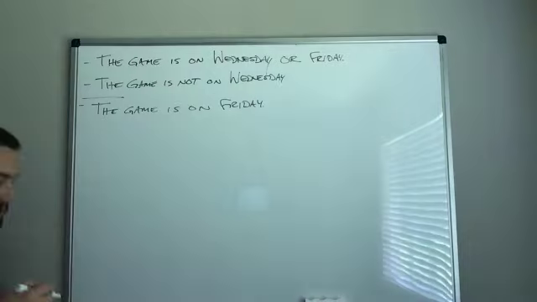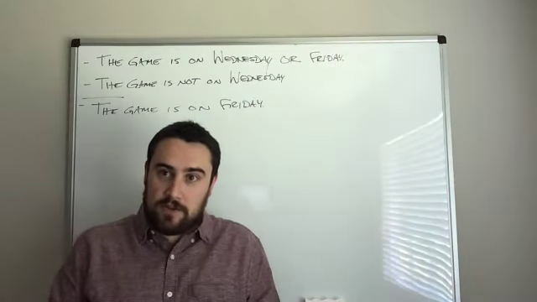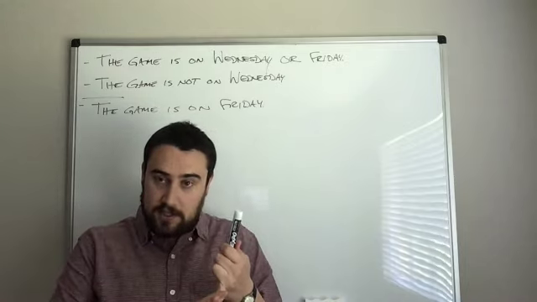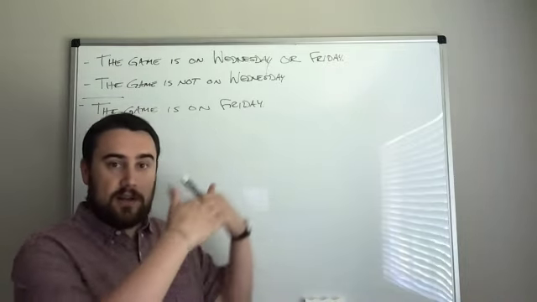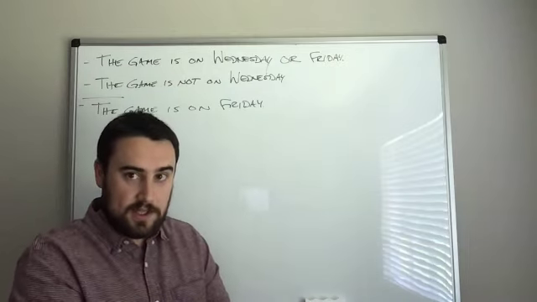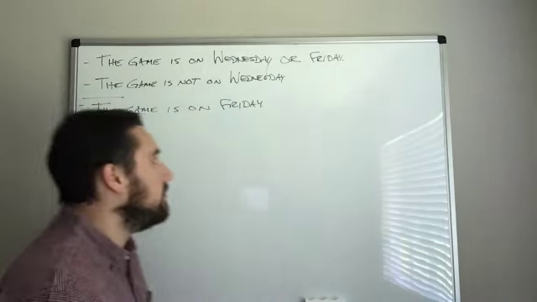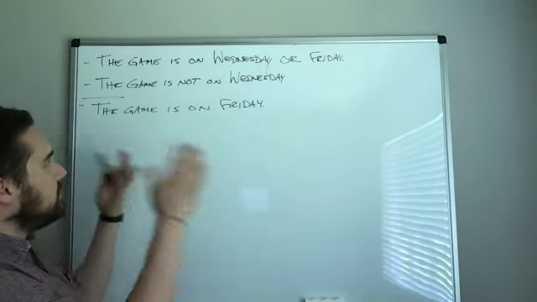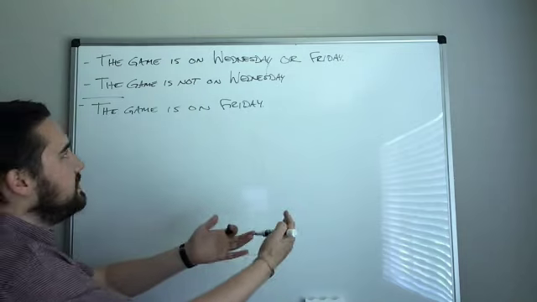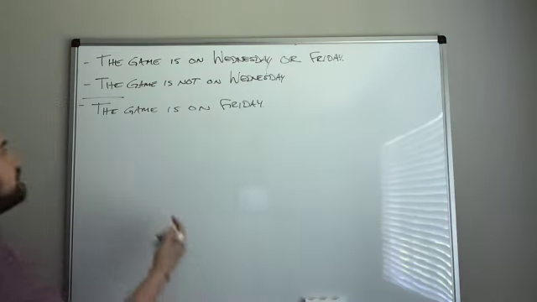Okay, so what we have to do with this argument is transcribe it into atomic sentences and connectives, and once we do that, we can create a truth table that represents every aspect of the argument, and then we can test it for validity. So the first thing we'll do now is just transcribe it. I'm going to use W to represent the game is on Wednesday and F to represent the game is on Friday.